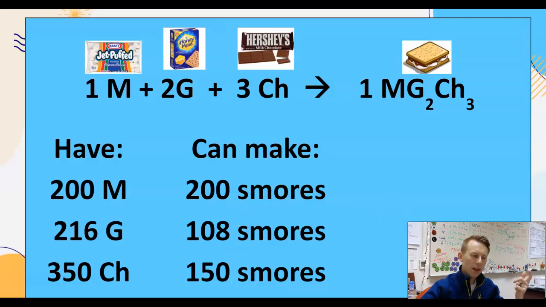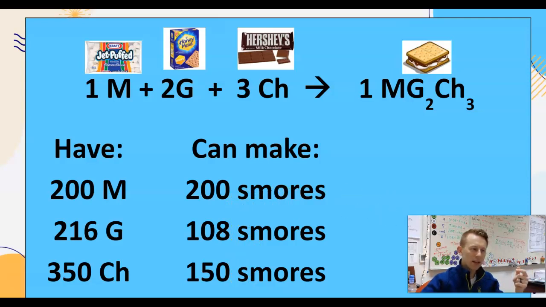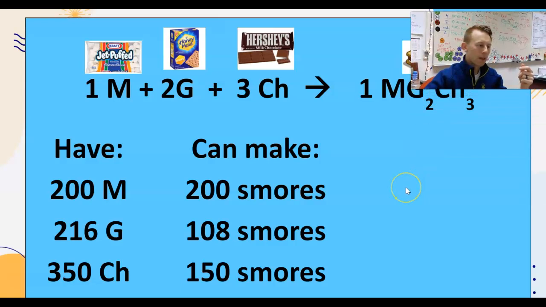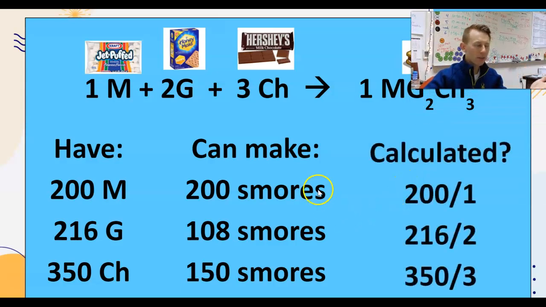And you might be thinking to yourself, how is that calculated again? All you end up doing is saying, okay, 200 marshmallows, 1 marshmallow equals 1 s'more. You probably didn't even have to think about dividing by 1, but really that's what you're doing here.